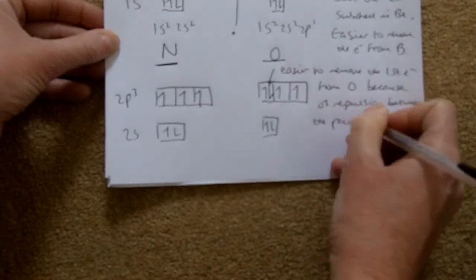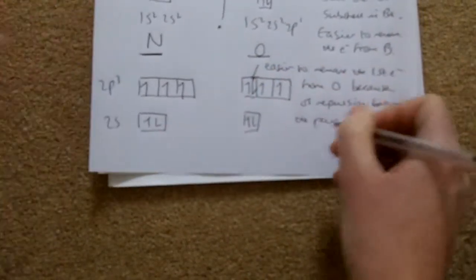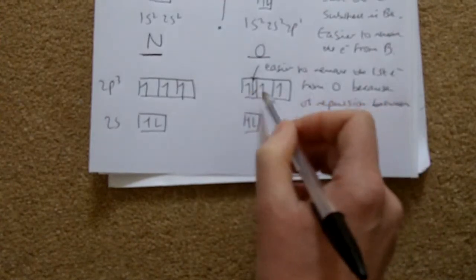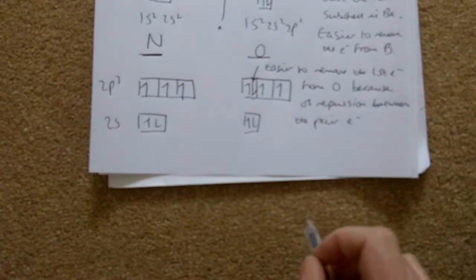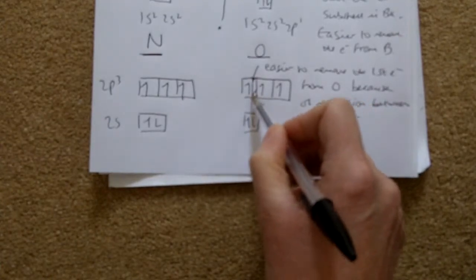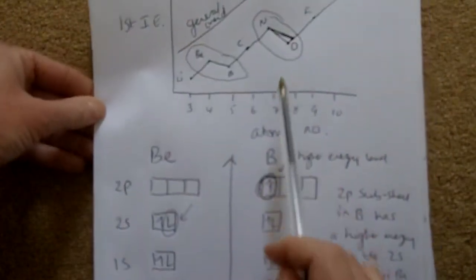It's the first one that's been paired. Because there's a repulsion between them, it is easier to remove. So the first ionization energy for oxygen is going to be slightly lower than it is for nitrogen.